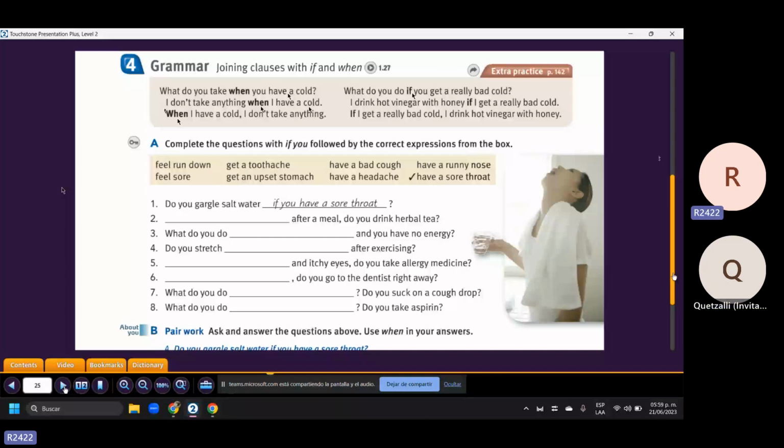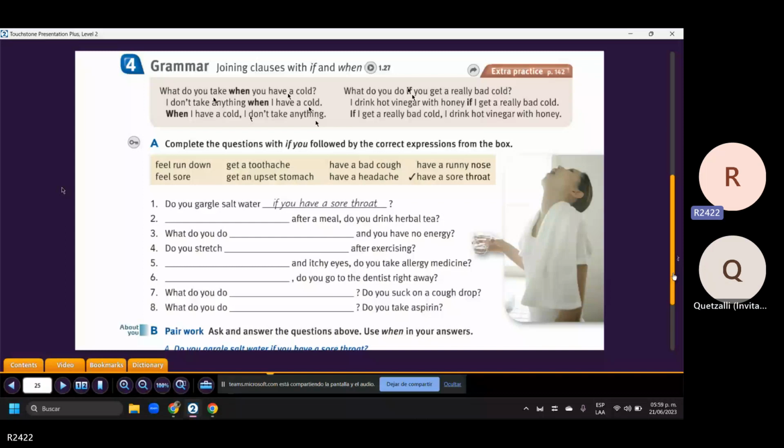Entonces, nosotros vamos a usar el if para introducir una situación posible o una condición, right? For example, I drink hot vinegar with honey if I get a really bad cold. That's the use of if.